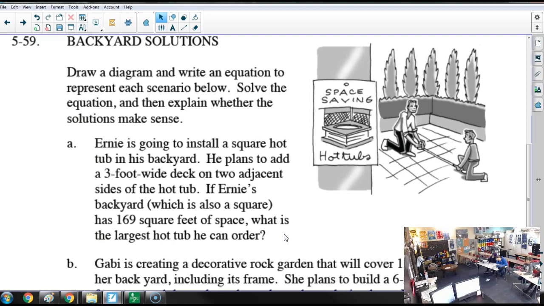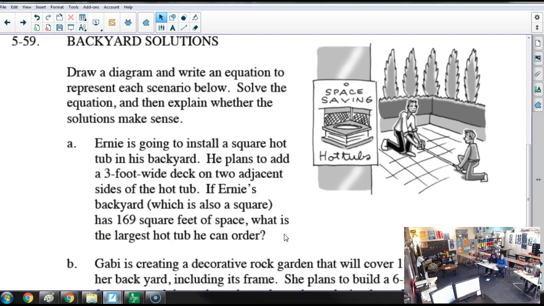Wouldn't it be like a 10 by 10 hot tub? Because then you have a 3-foot wide deck on 2 adjacent sides. Read carefully, guys. It's 2 adjacent sides, not just 2 sides.